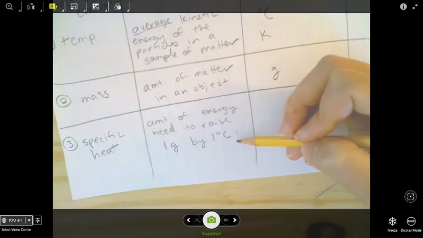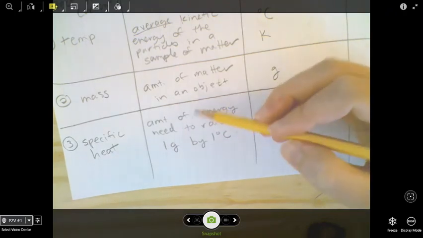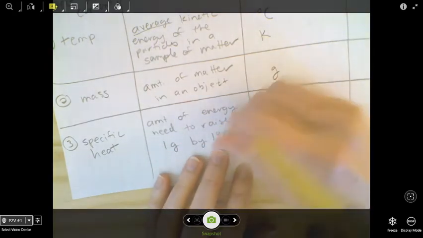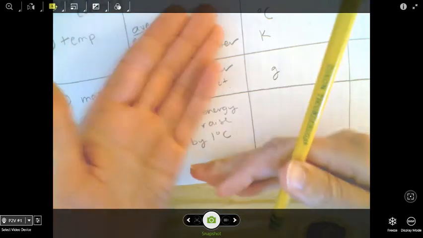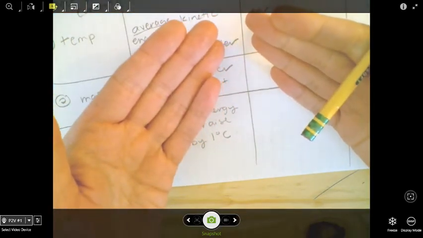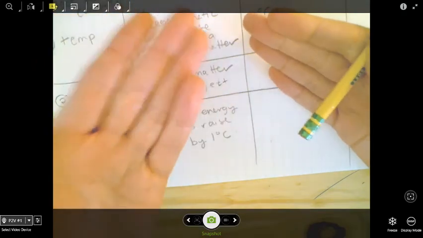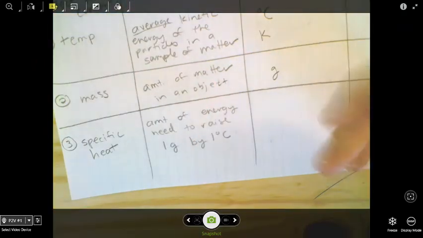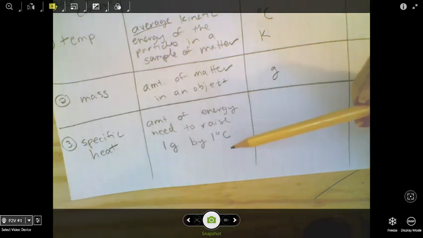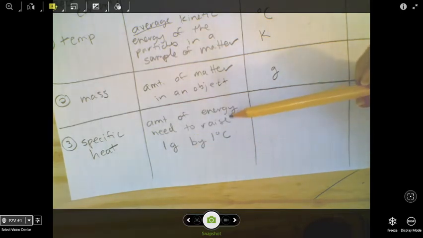Substances like metals, you barely need to add any energy to get 1 gram to go up by 1 degree. So that's why if you put a piece of metal in the oven and you put some water in the oven, the metal's going to get to the oven's temperature faster, because the metal really just doesn't need that much energy to make the temperature go up, whereas water needs a lot of energy to make the temperature go up.